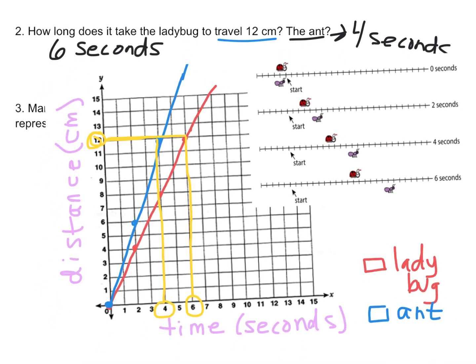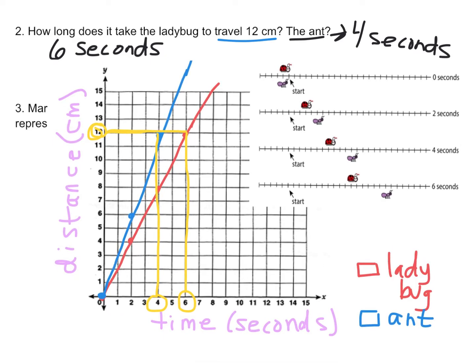I'm going to go green. After 1 second of time, where are they? It looks like right about there and right about there. 2 and 3 is where they are. So mark that on your graph.